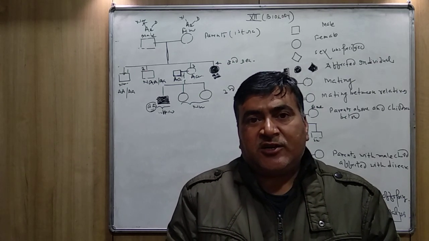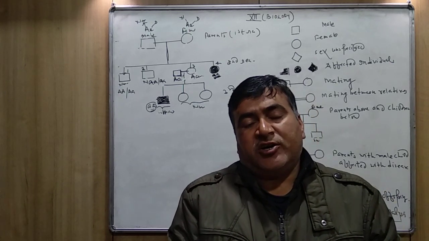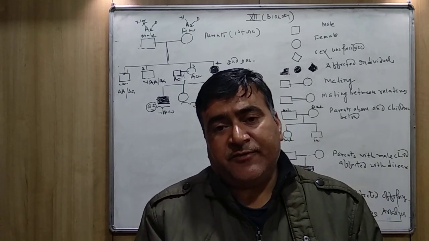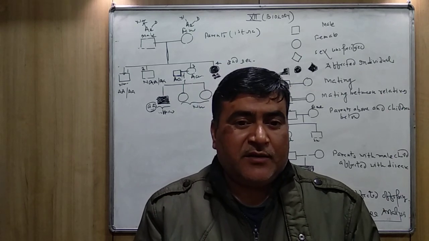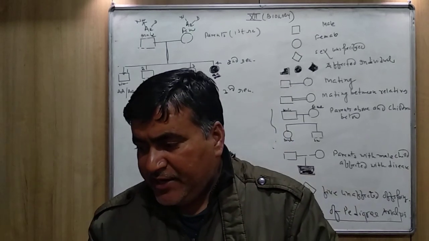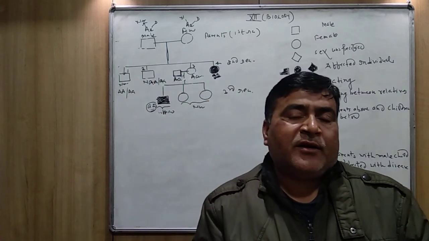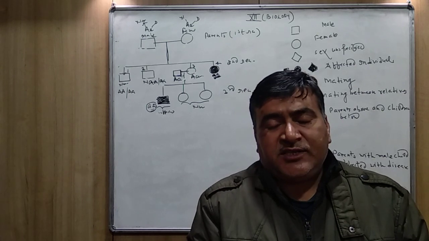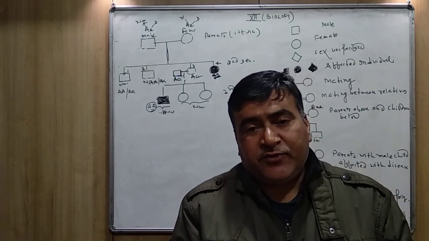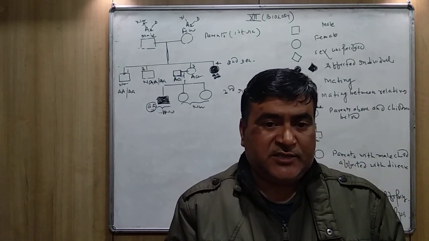The Mendelian disorders are the disorders which are caused due to a change in the gene, and the chromosomal disorders are the disorders which are due to chromosomal abnormalities.